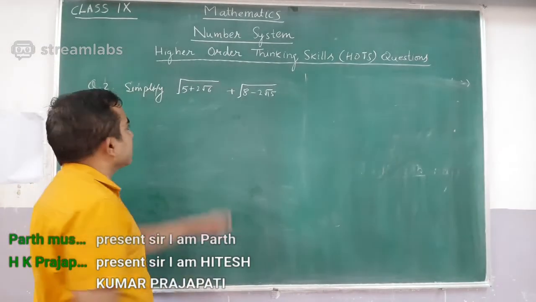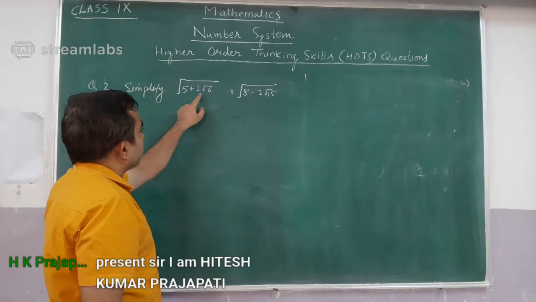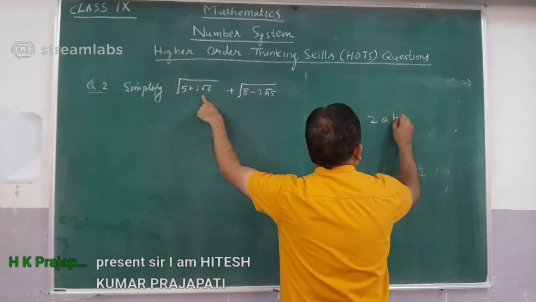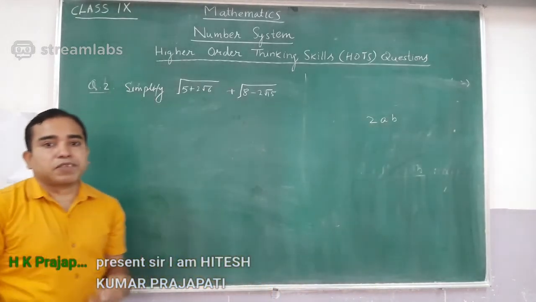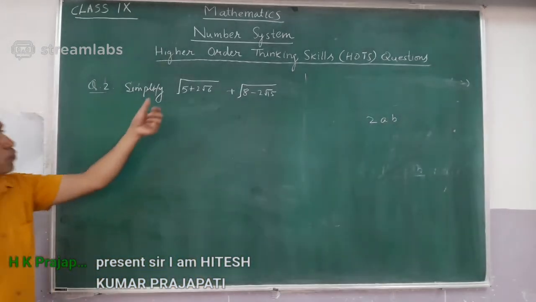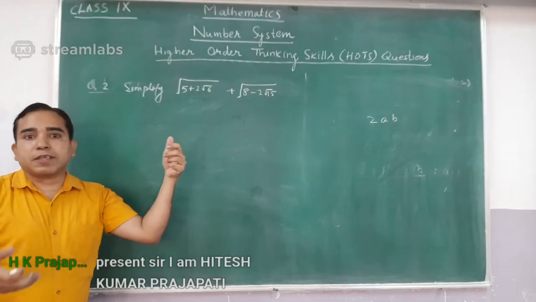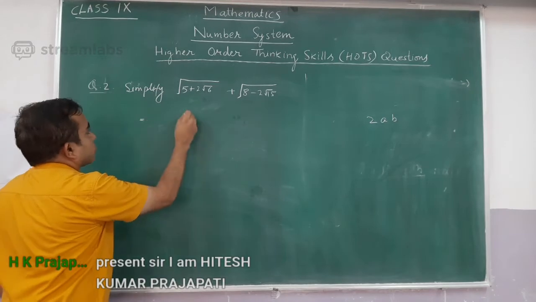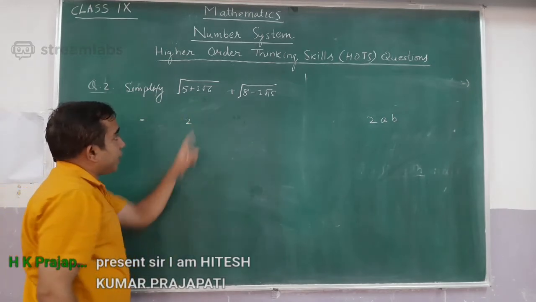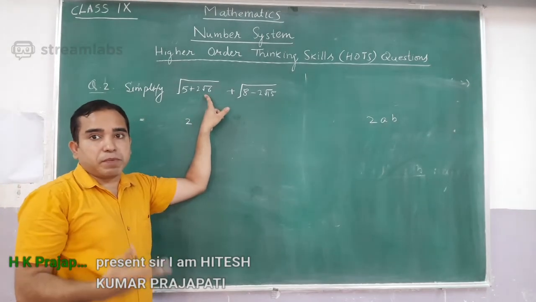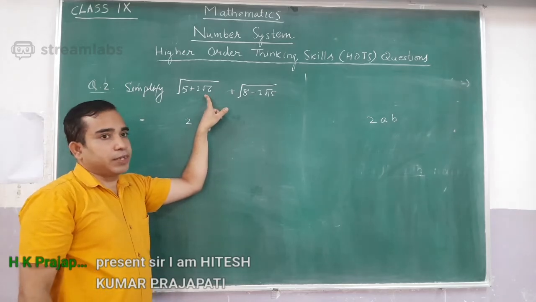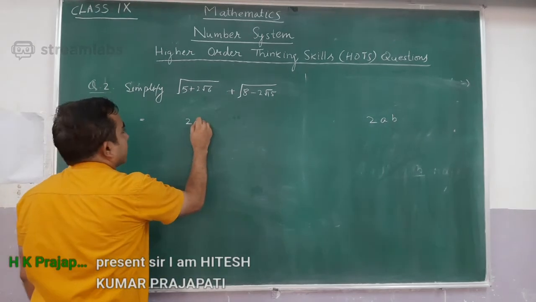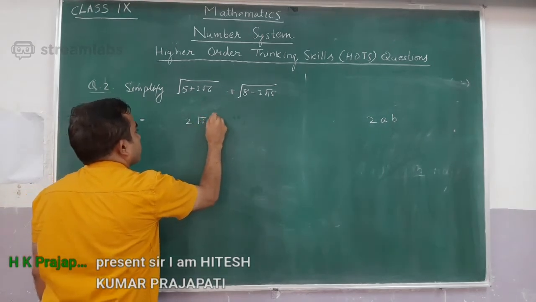To do that, I'm going to write this term in the manner 2ab. After that, I will think that 5 should be split as the sum of which two numbers. So I have to write root 6. How to split? Root 2 into root 3 I can write. So I'm going to write root 6 as root 2 into root 3.